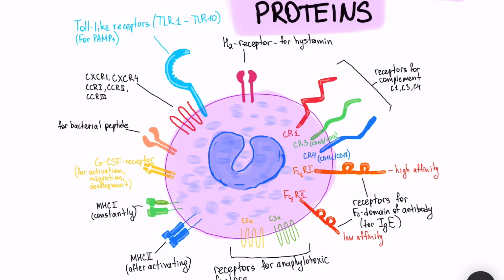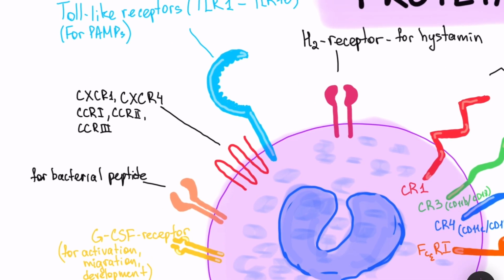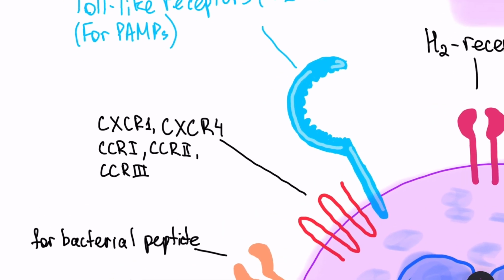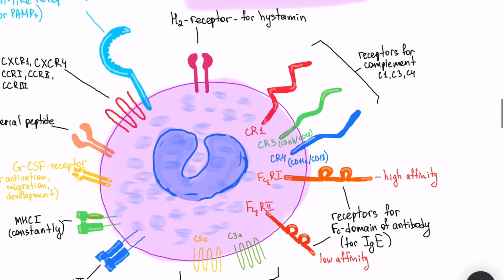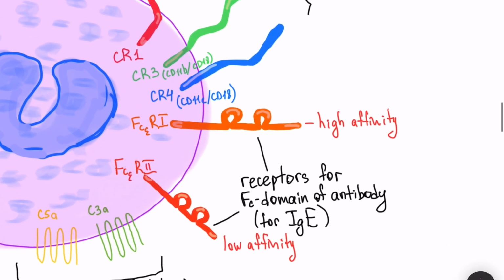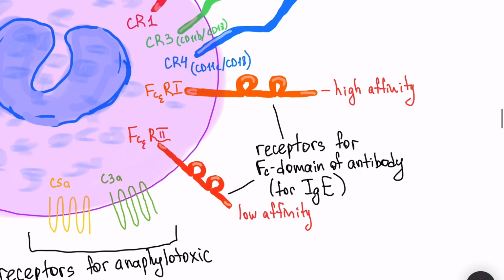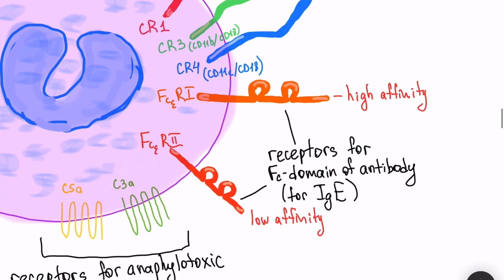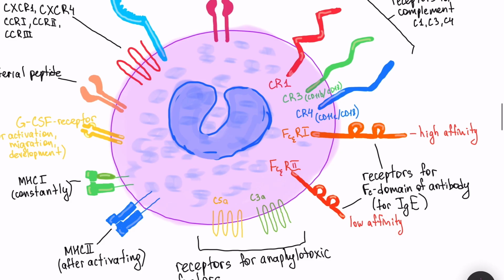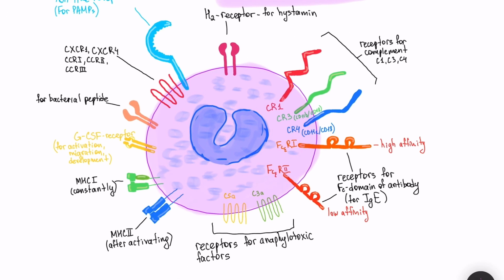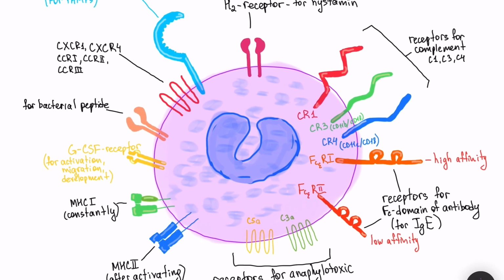All of them are something like chemokines. They attract different cells and stimulate phagocytosis. Also, they have receptors for alpha and beta chemokines, CXC and CC chemokines. Also, they express high affinity receptors for IgE. These are Fc epsilon R1, and also they express low affinity R2.